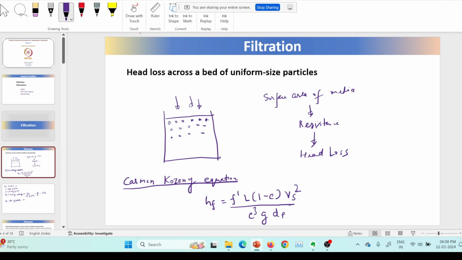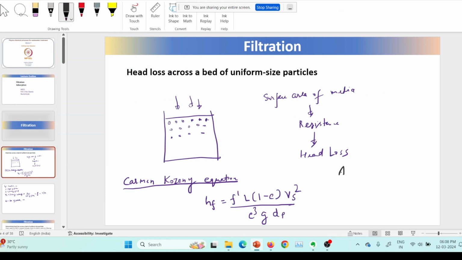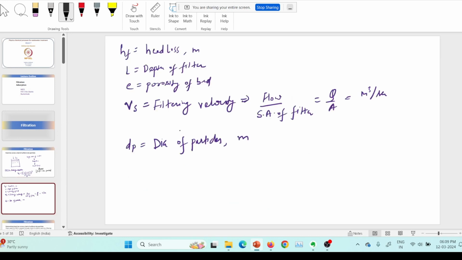What we have assumed here is uniform size particles. So this is the particle.